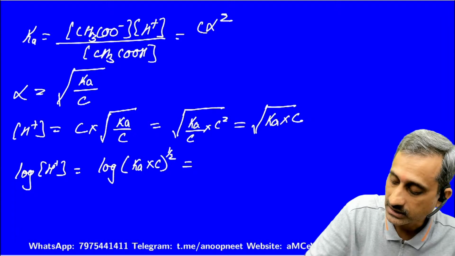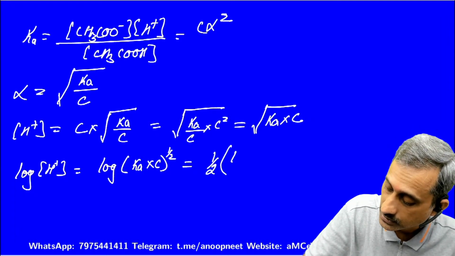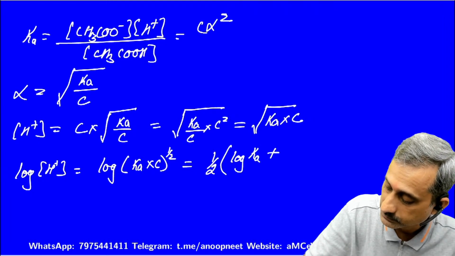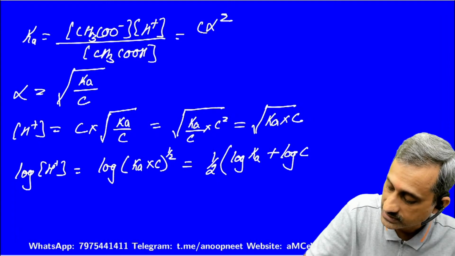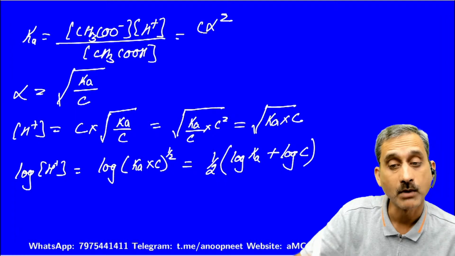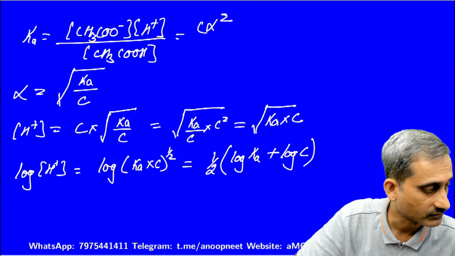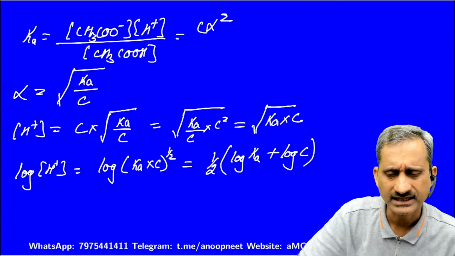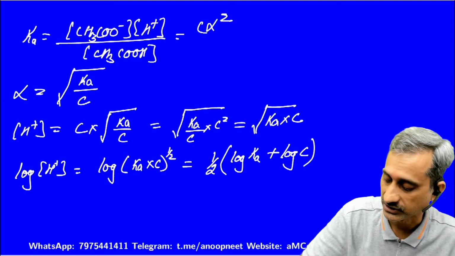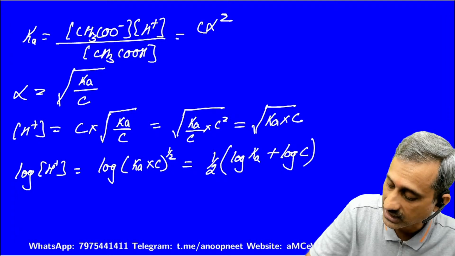So that would become equal to 1 by 2 bracket log of Ka plus log of C. Keep one thing in mind, powers get into multiplication. Whatever the power would be, negative or positive, it comes out in multiplication. So 1 by 2 log Ka plus log C we have, and then we can have what?